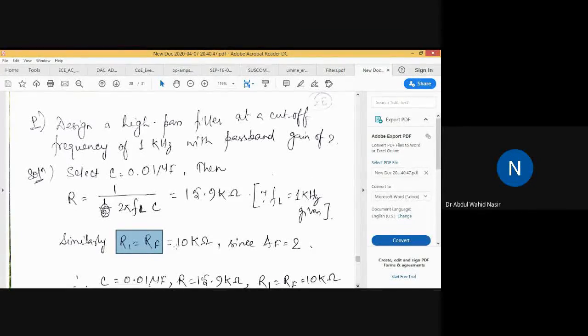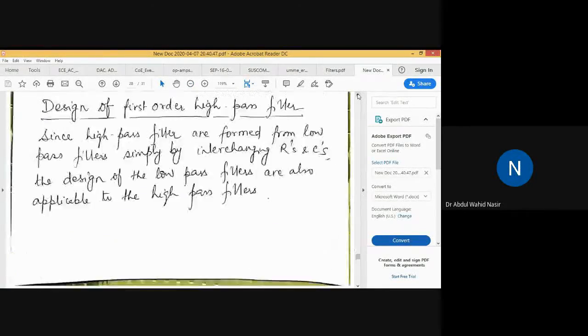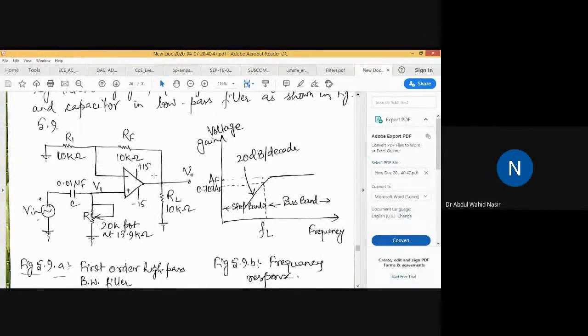If you substitute all these values, that is C equal to 0.01 microfarad, R equal to 15.9 kilo ohm, and R1 equal to RF equal to 10 kilo ohm, you will end up with the first order high pass filter. So this is the circuit diagram of the first order high pass filter. Now if you change the position of the same components, with the same values, we will get the low pass filter having the cutoff frequency of 1 kilohertz. Clear?